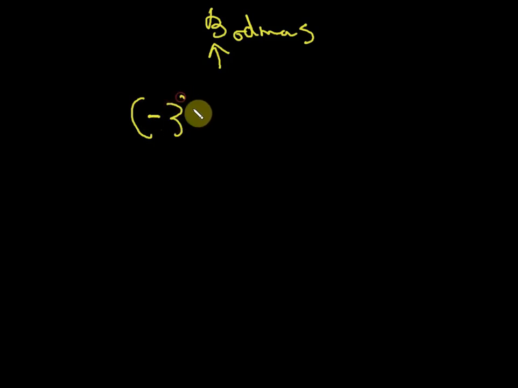And remember when we were talking about BODMAS, right? We had brackets. So another thing to keep in mind is the brackets, because now you'll see why this is very important. Squared, and then negative 3 squared.